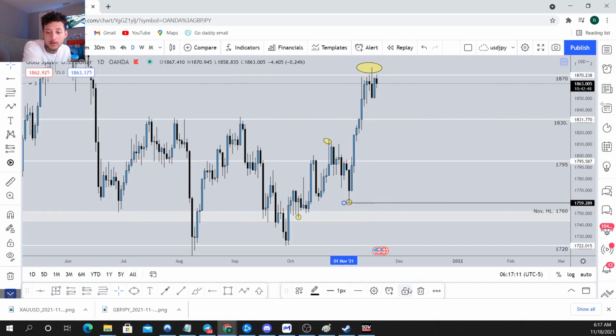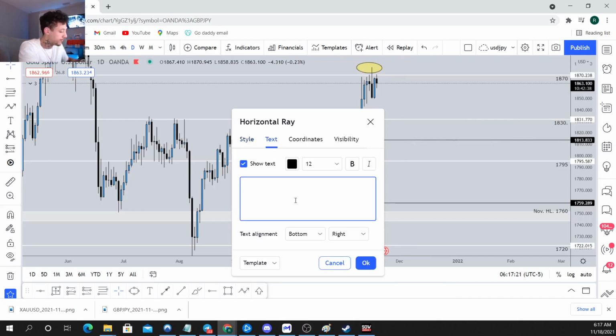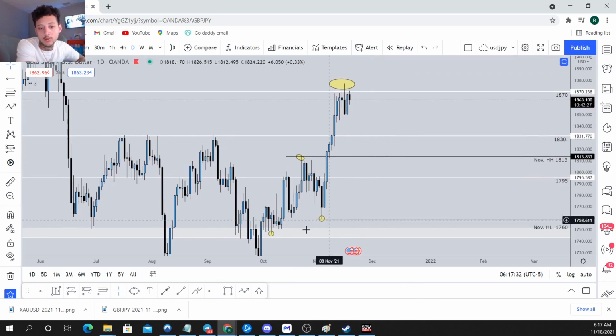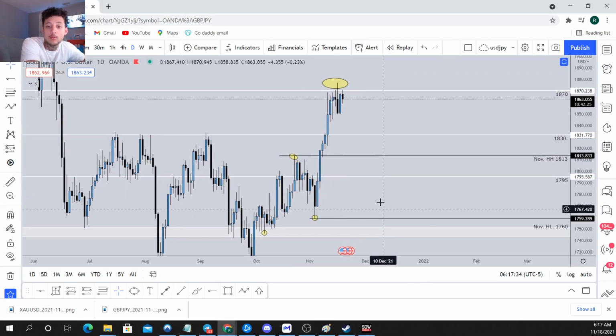Make sure this is locked. November's higher low at 1760. Then this is November's higher high at 1813. Okay, right, so now we have our higher highs and our higher lows marked off.